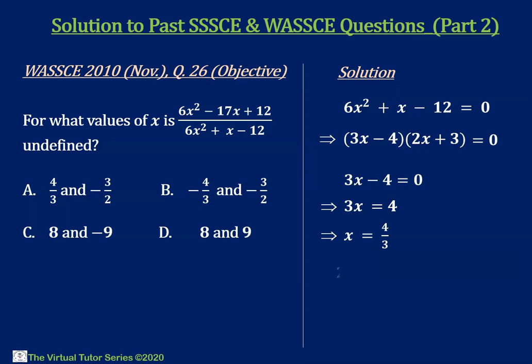Or 2x plus 3 is equal to 0, which implies that x is equal to negative 3 over 2. And so the values of x for which the given algebraic fraction is undefined are 4 over 3 and negative 3 over 2. Hence, the correct answer is option A.